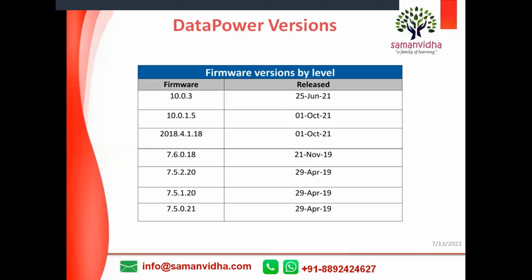And here you can see if the version is updated from 10.0.1 something to 10.0.3, there will not be much difference. There will be a few modifications. But if the version is updated from 7.5 to 10, there will be a big difference between the versions. So these are the different versions of DataPower.